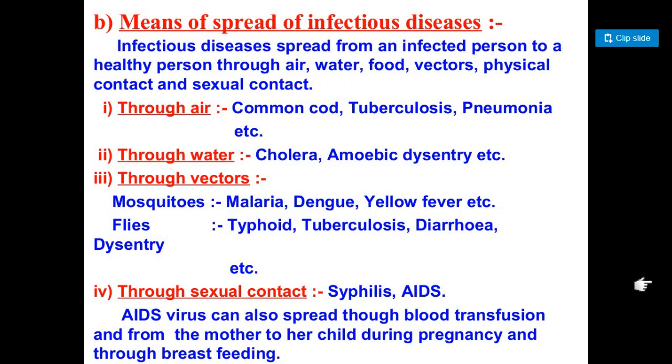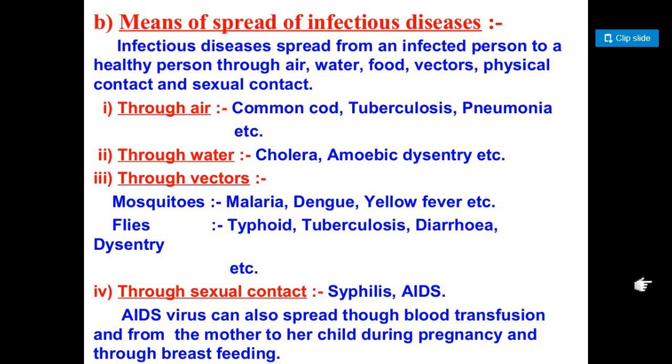Some vectors, that is mosquitoes, spread diseases like malaria, dengue, yellow fever, etc. Mosquitoes are responsible for diseases such as these. Now flies spread infectious diseases such as typhoid, tuberculosis, diarrhea and dysentery, etc.